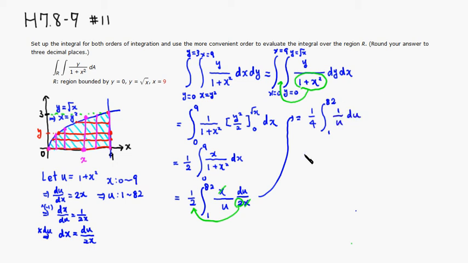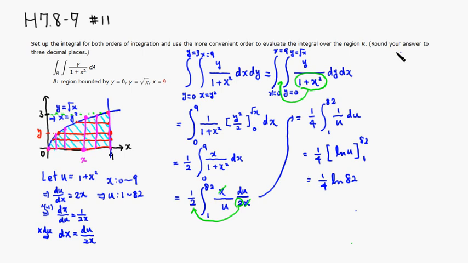The antiderivative of 1 over u is natural log of u, going from 1 to 82. This is 1 over 4 times natural log of 82 minus natural log of 1, which is 0, so this is it.